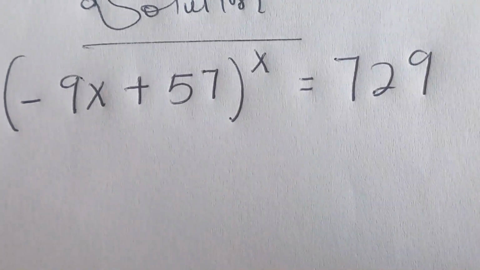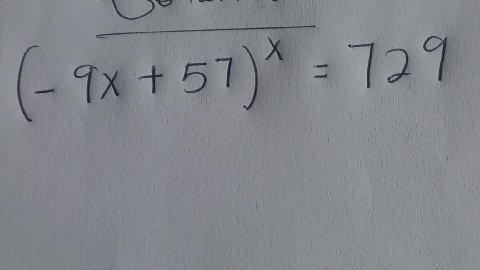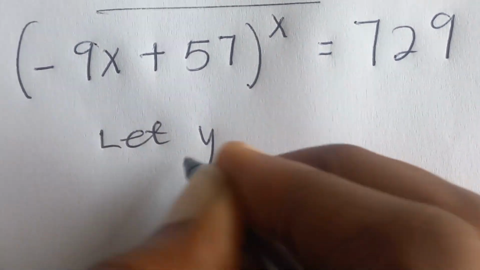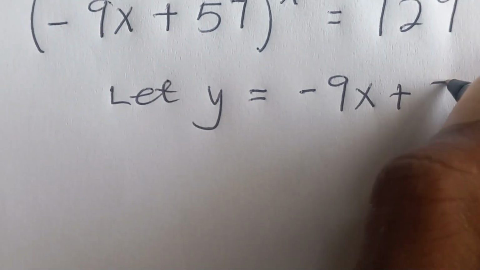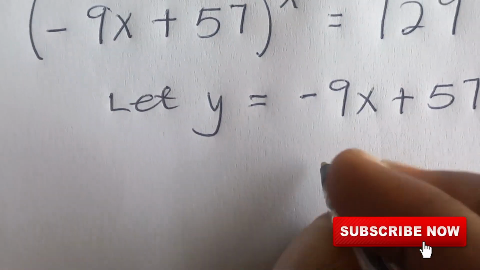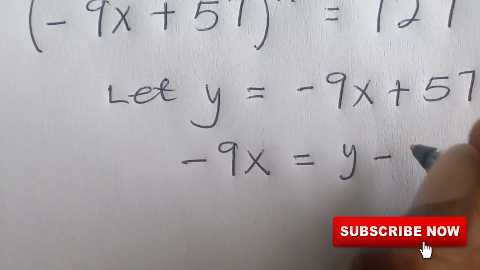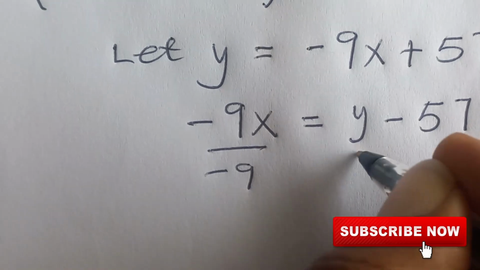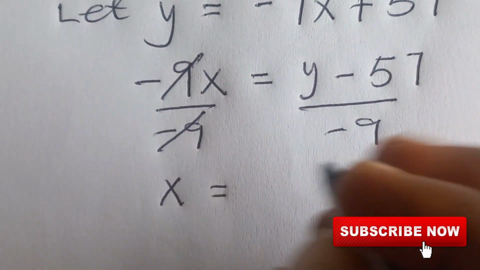So let's move straight to the solution. With this, what we can do is let y equal the expression in the bracket. So let y = -9x + 57.